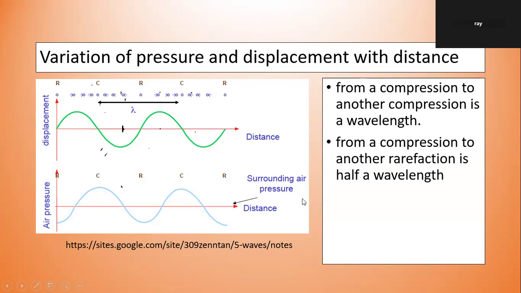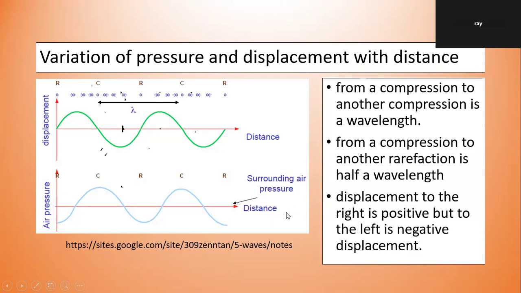From a compression to a rarefaction is half a wavelength. Displacement to the right is positive. Right? That is conventional. Displacement to the right is positive, but to the left is negative. Right? We look into more detail at this one. You find that that's the variation of pressure.